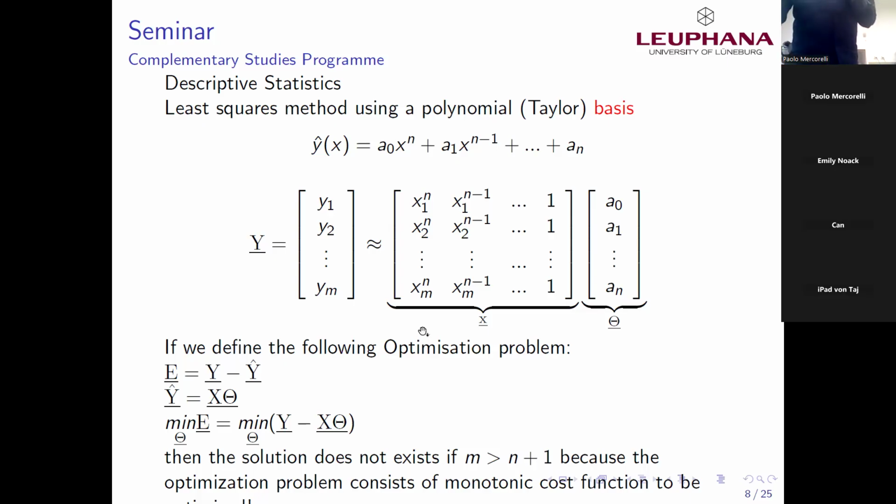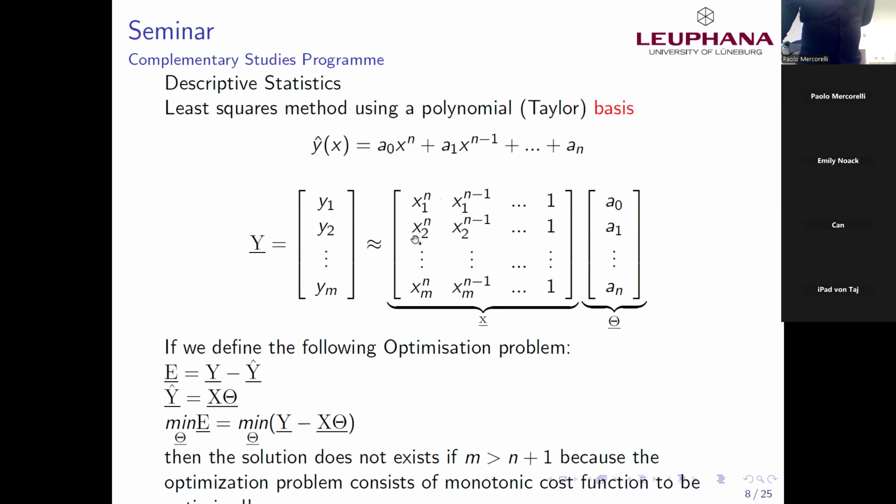The matrix X, good question, is the matrix of the exploration variables. Again, concretely, this is 1 up to 3, 1. 1 up to 2, 1. 1 up to 1, 1, and 1.